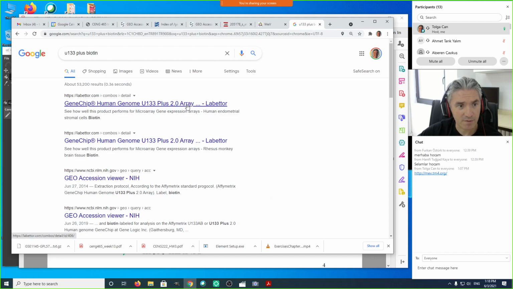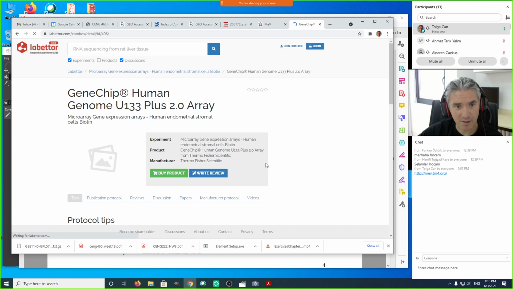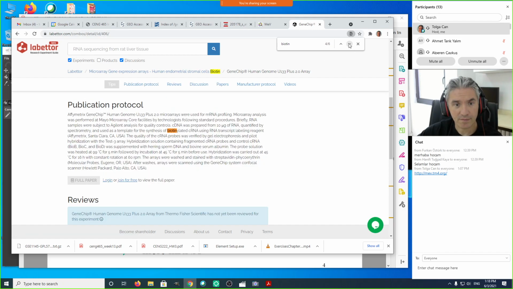So here is a description of that. I think as labeling, it uses biotin, if I'm not mistaken. Yeah, biotinylated complementary RNA using RNA transcript labeling reagent.